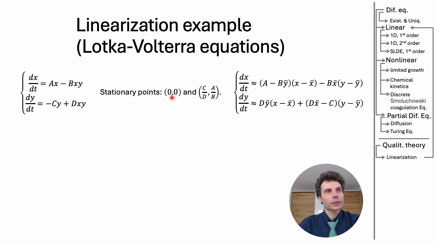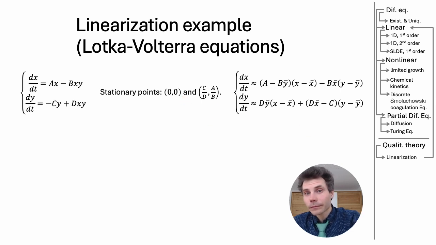There are two stationary solutions, the origin and the point C over D, A over B. And we can linearize the original equation around a certain stationary point, which I generally denoted here as x bar, y bar. Let's examine the behavior around each of the stationary points that we just identified.